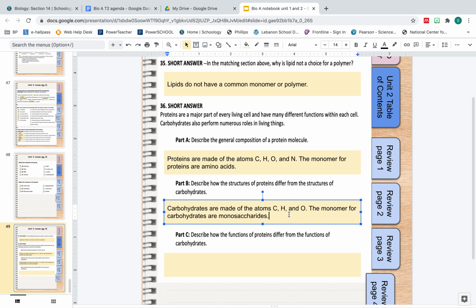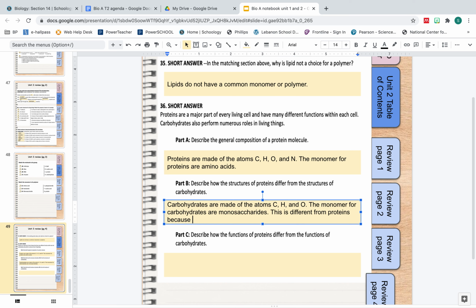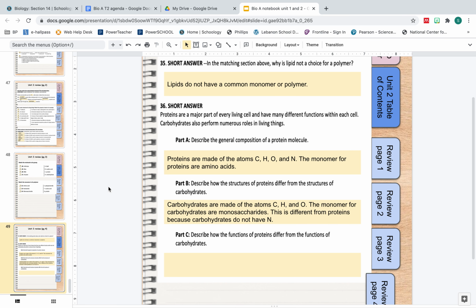And then I'm going to say this is different from proteins because, let's say carbohydrates, let's be specific, carbohydrates do not have nitrogen. I think that's a good answer for us there.